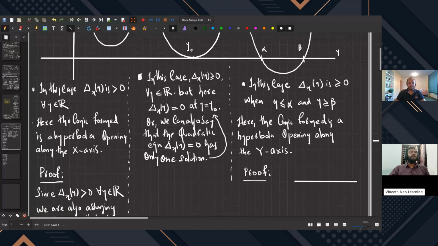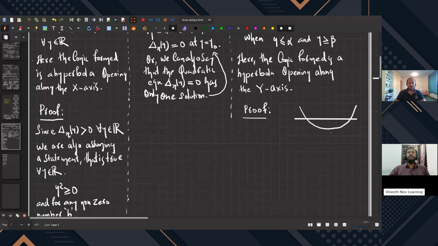Okay, let me draw this again here. Let me name this alpha, this beta, and let me name the center point (alpha plus beta) by 2. Let this be k. And the distance from alpha to that center we take as b.